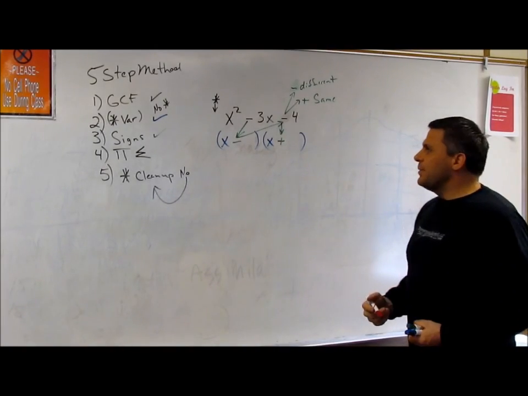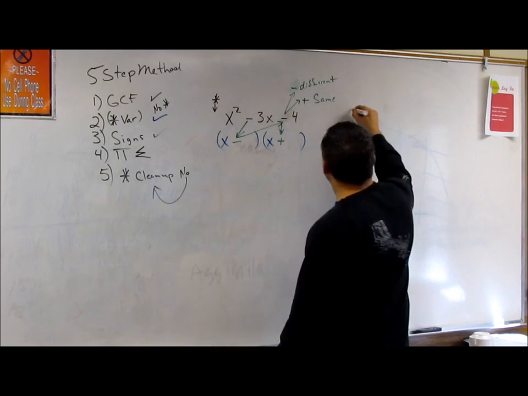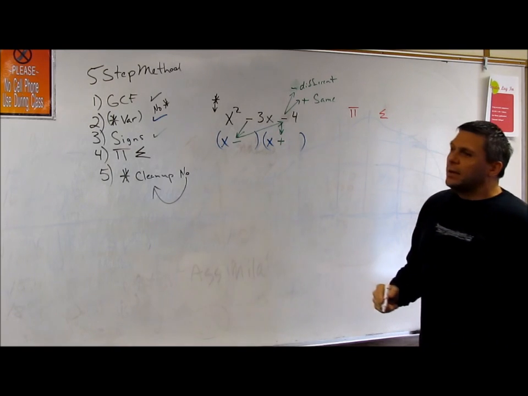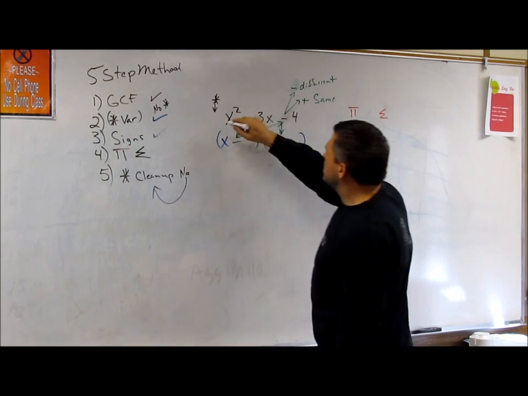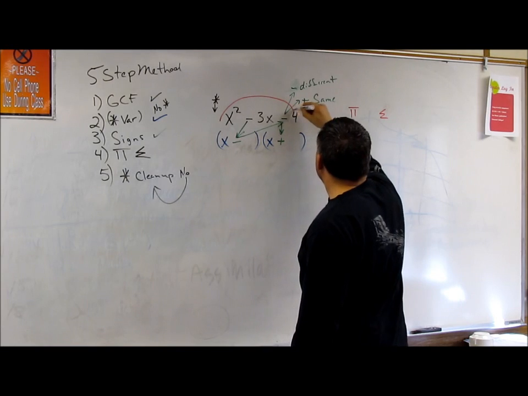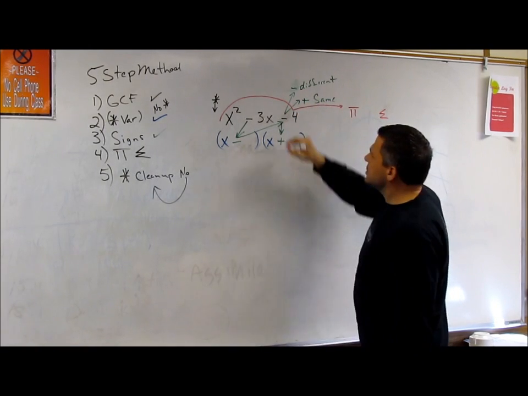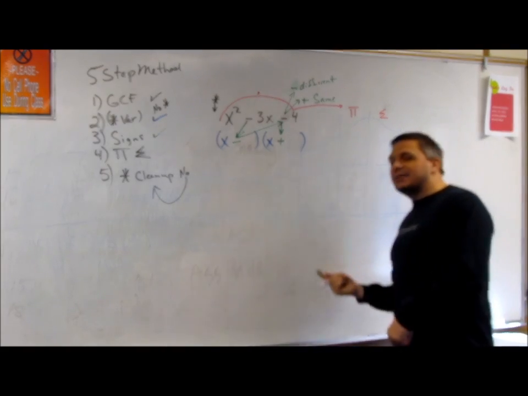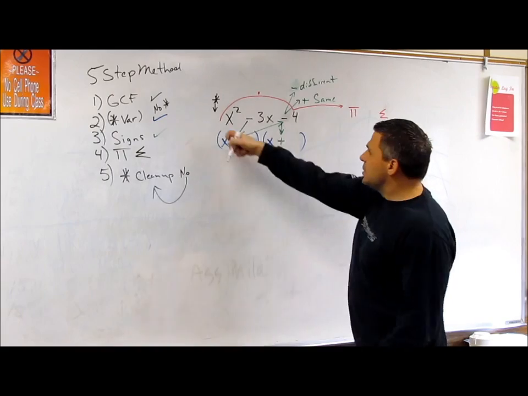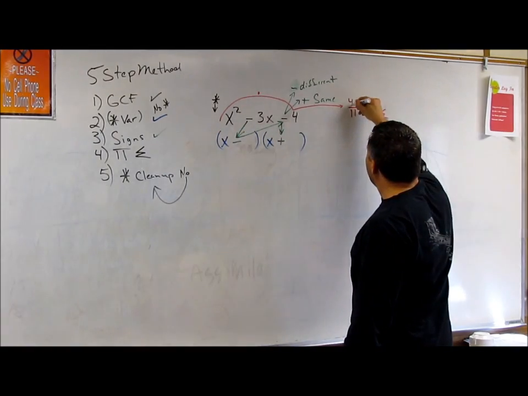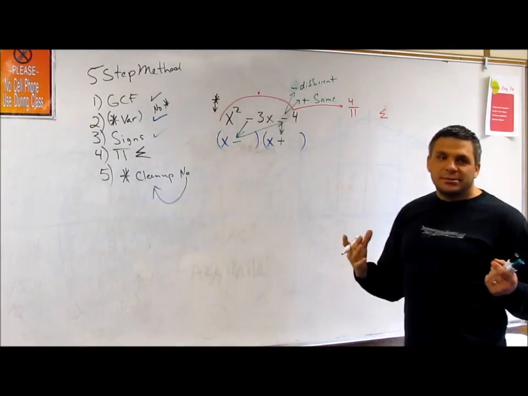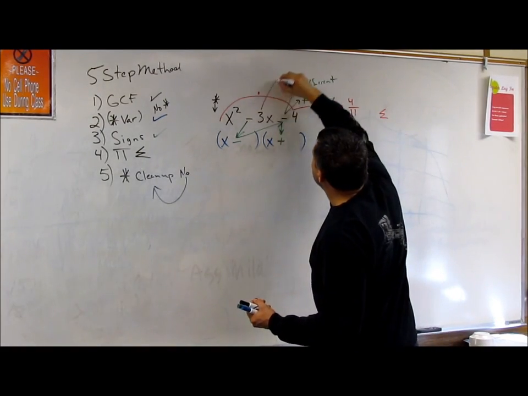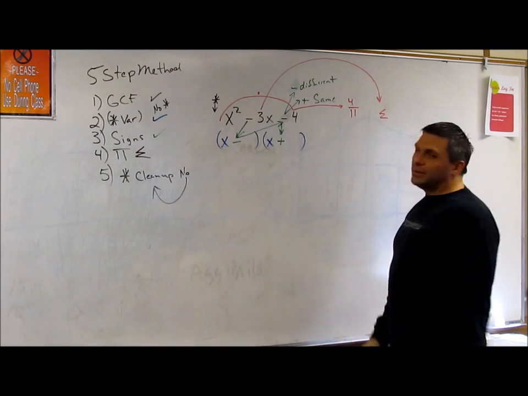And now we want to take care of what's called product and the sum. The product is the first number times the last number. So the first coefficient times the last coefficient, the third coefficient. So 1 times 4 is 4. That's my product. What's nice is the sum is the middle number.